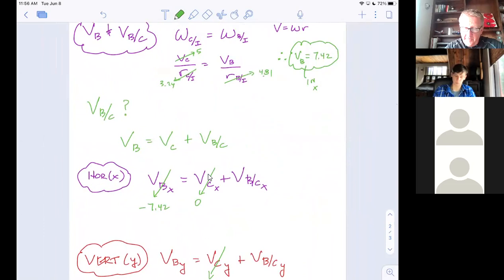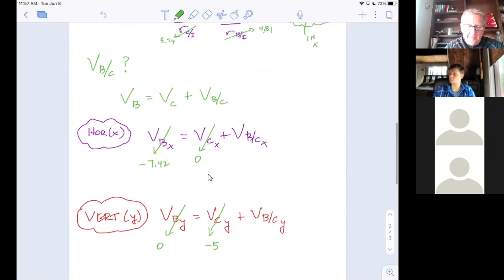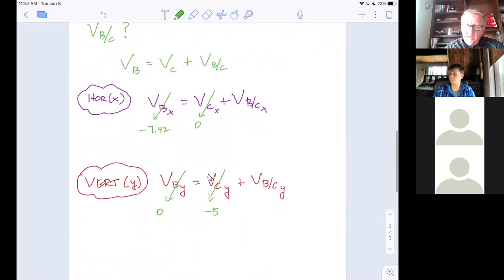So that means I'm going to be able to find the velocity of B in the X direction. Velocity of B in the Y direction? Isn't that nothing? So again, notice something interesting. This allows you to find separately the velocity of B with respect to C in X and the velocity of B with respect to C in Y. And then I could do the Pythagorean theorem on that to just get the velocity of B with respect to C. But remember in the picture, I could just replace these.